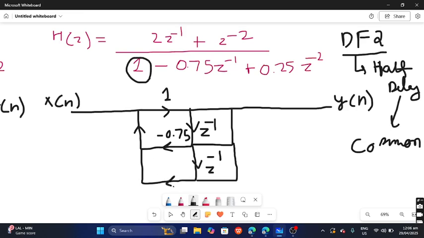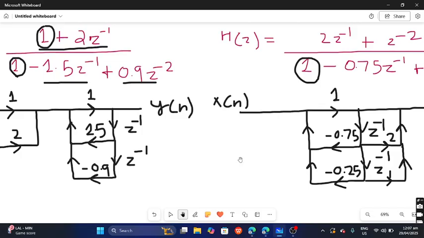For the next step we will put minus 0.25 here. Now we will make the numerator. In the numerator we have 2 here and 1 here. So that's how you create the DF2 structure. The delay gets common, denominator first and then numerator.